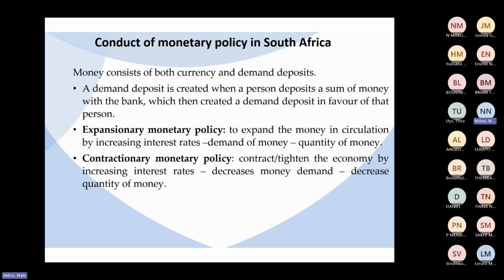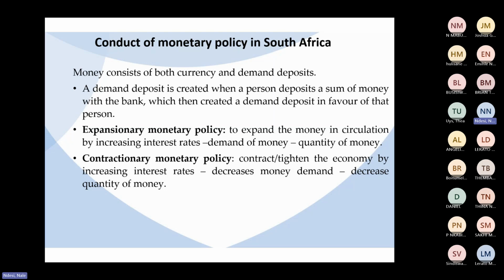Now the quantity of money is a function of the creation of demand deposits, which is the demand for money, and is no longer exogenously determined by the central bank. So for the central bank to influence the quantity of money, it needs to influence the creation of demand deposits.